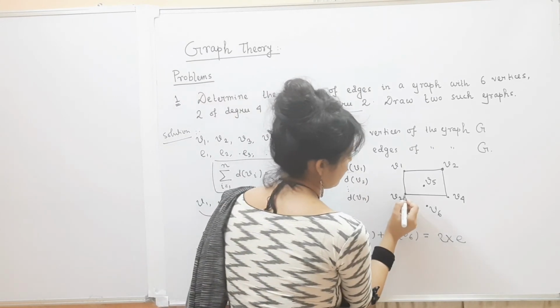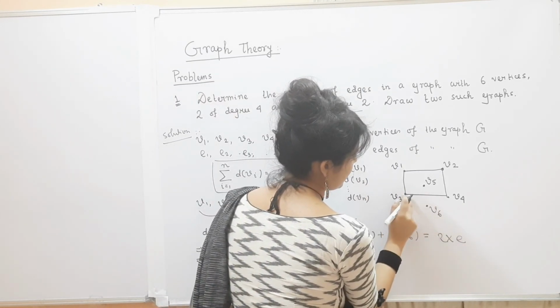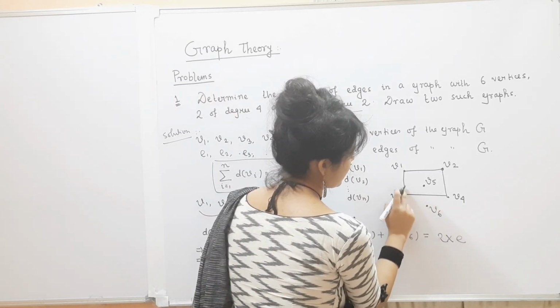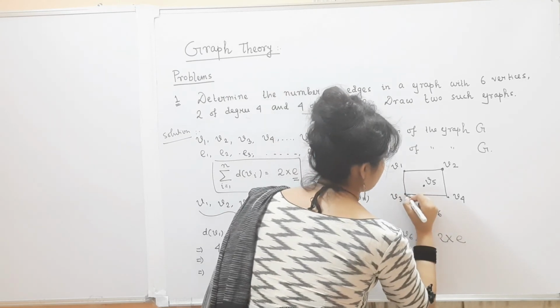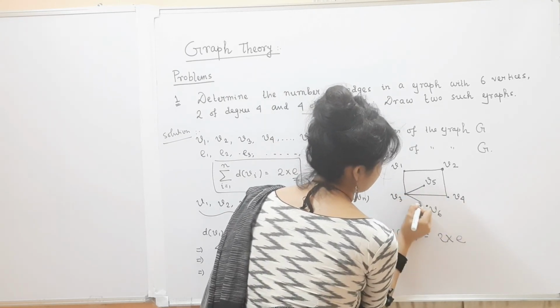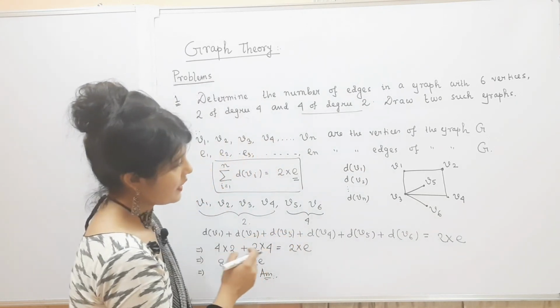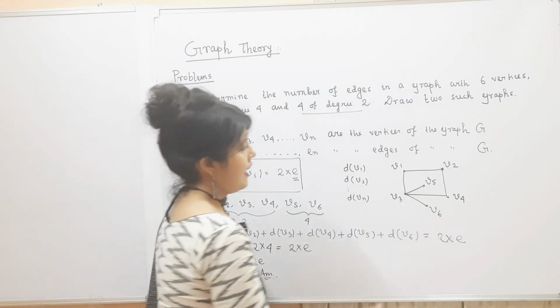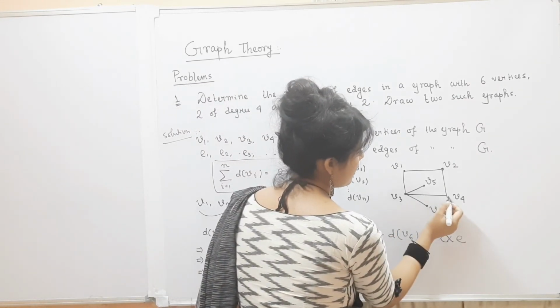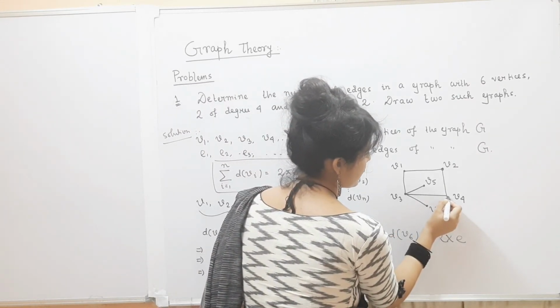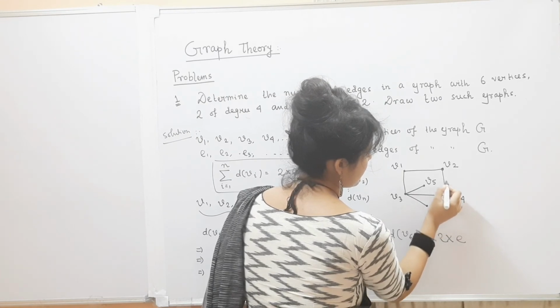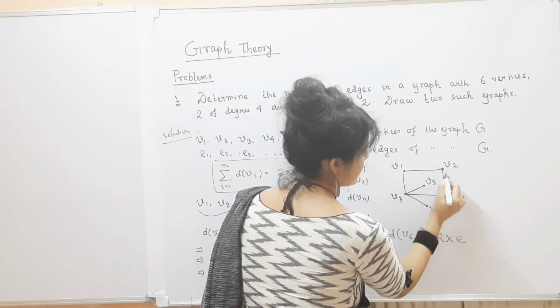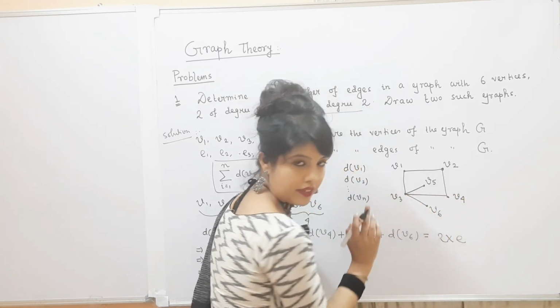V3 and V4 have degree 2 so far, because of 2 edges each.